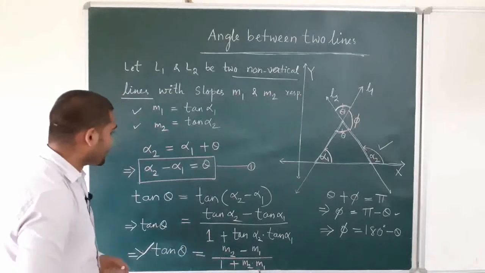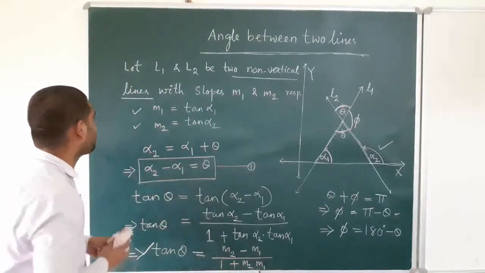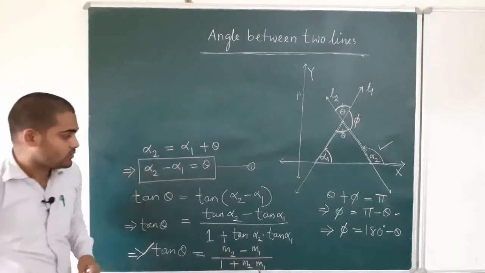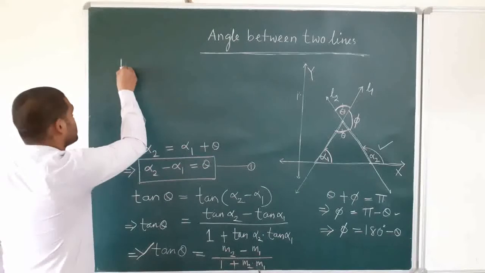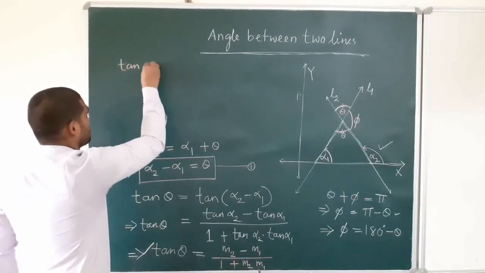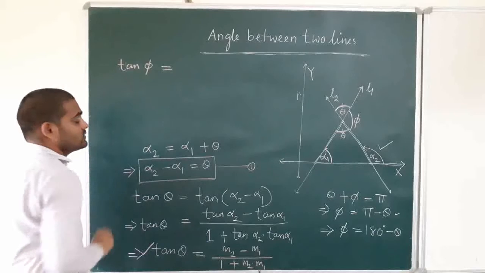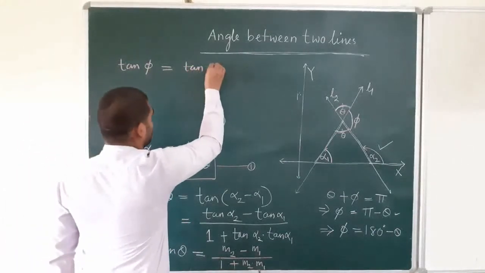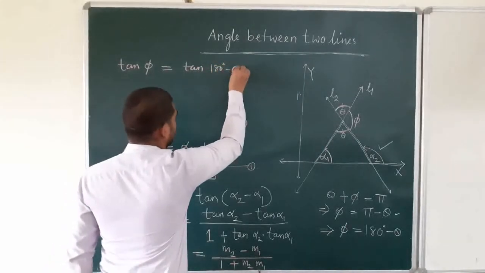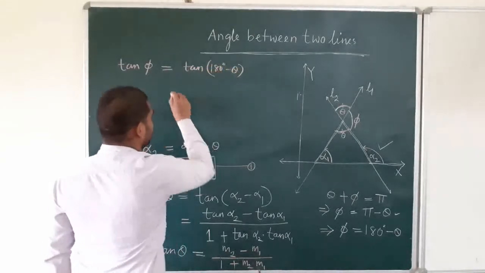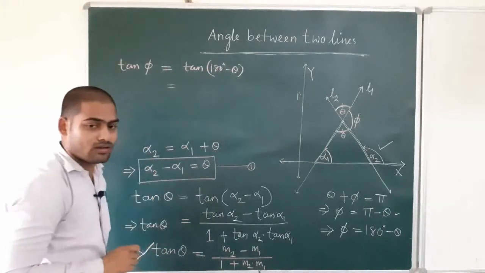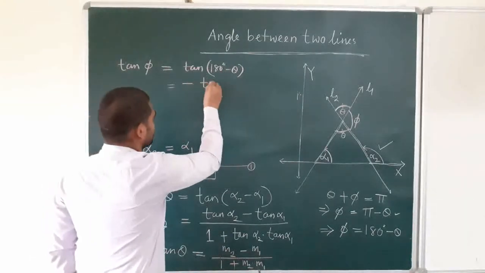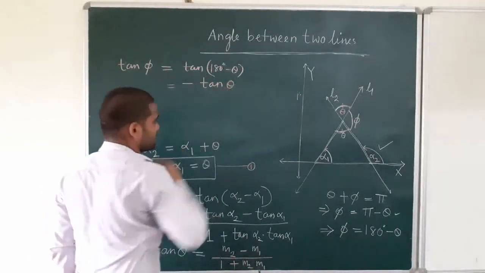So we can write tan phi is equal to tan of 180 degrees minus theta, and you know the formula that this is equal to minus tan theta.